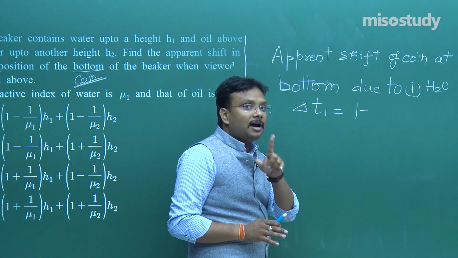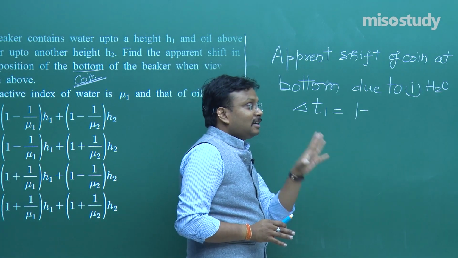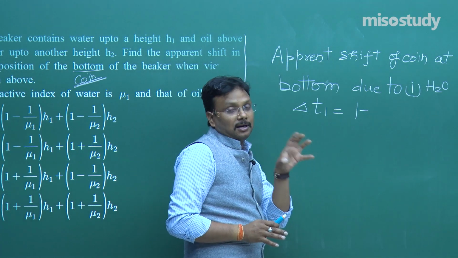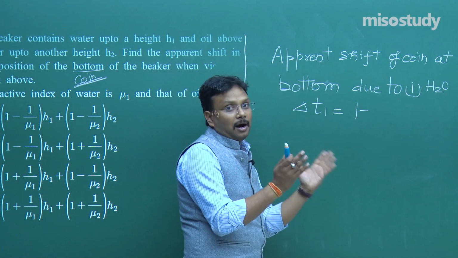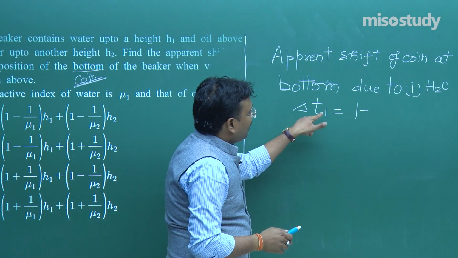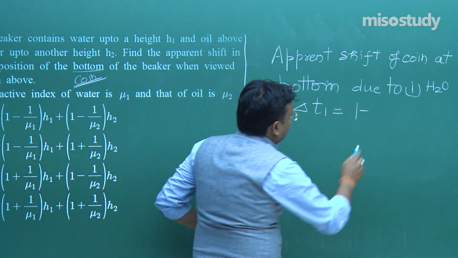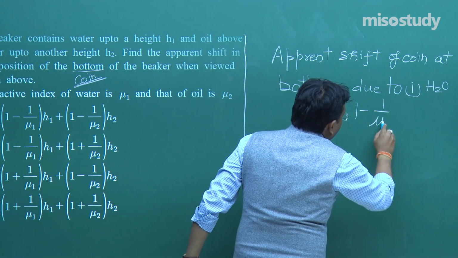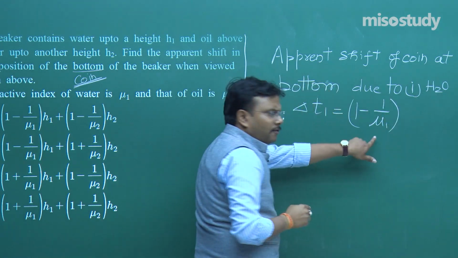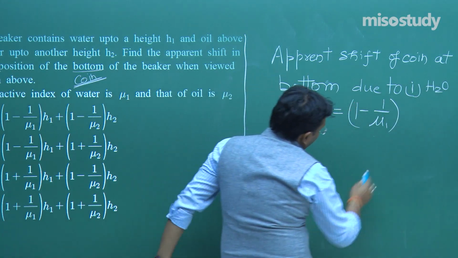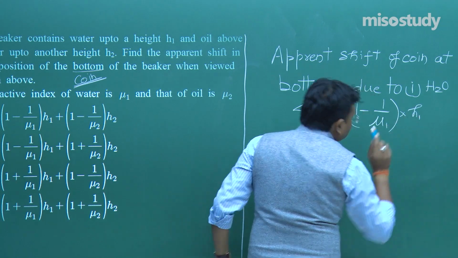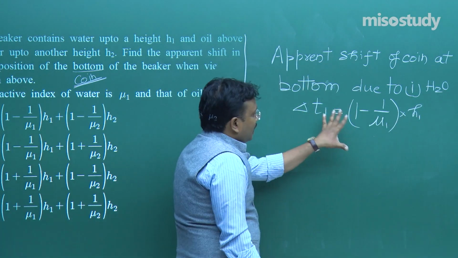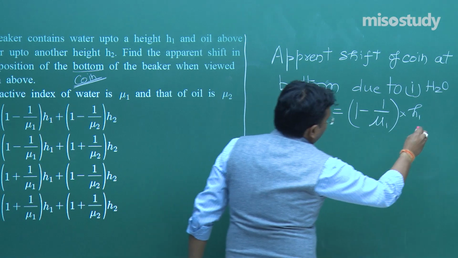Anything mentioned in NCERT books, consider it as a religious thing, fine, and learn it by heart. Delta T1 is equal to 1 minus 1 by mu1, refractive index of water, into H1. Let's say this is equation number 1.